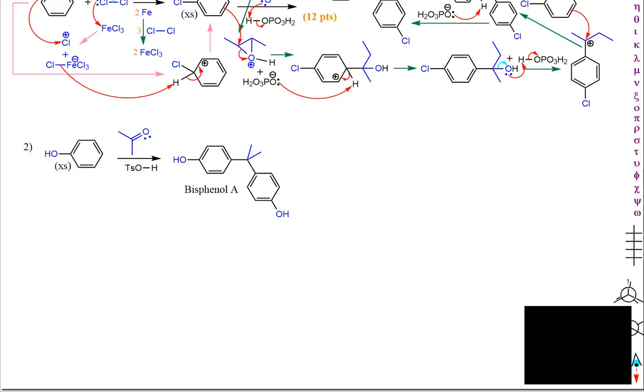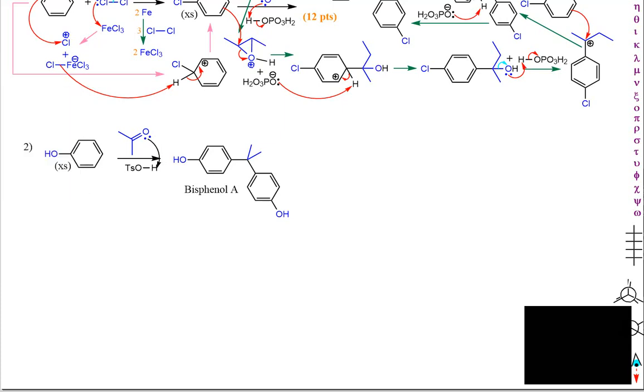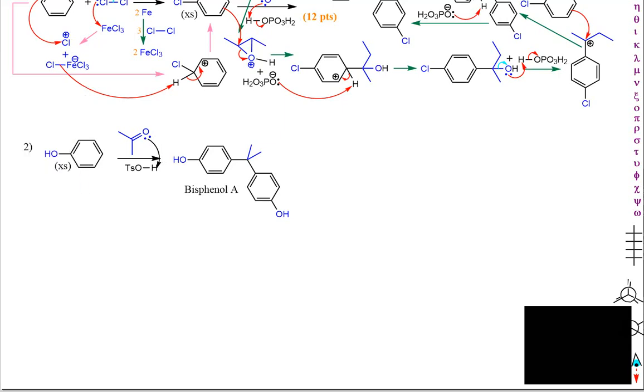Mechanism starts by activating the carbonyl towards attack by the benzene, and then the attack by the benzene. In a second step, I will put the color scheme here as well, just to be clear. First arrow and resulting second arrows.